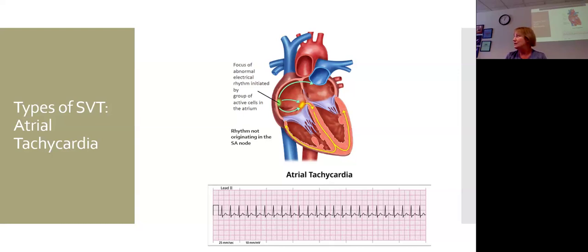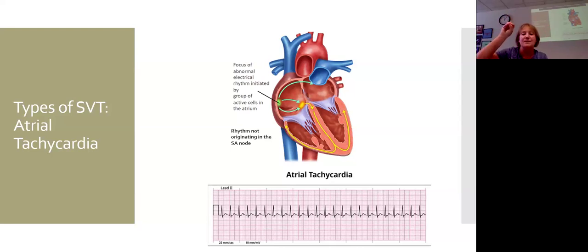It is so amazing. Types of SVT. So there's atrial tachycardia. Sandra and I were talking this morning, and I misspoke and said sinus tach. Sinus tach comes from the SA node, meaning normal sinus. But an atrial tachycardia is not coming from the SA node.